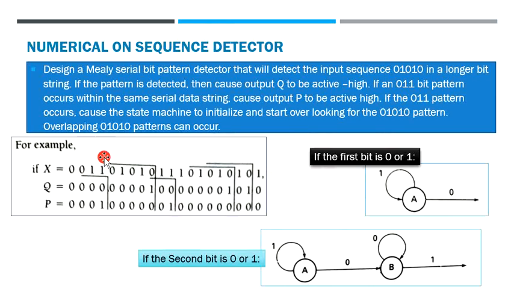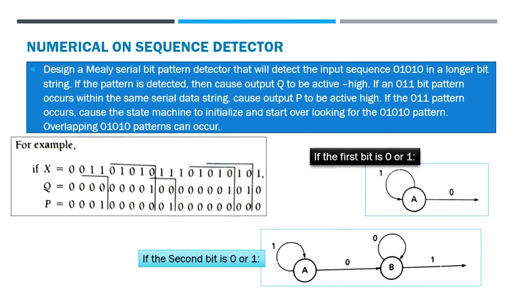If the 0 1 1 bit pattern occurs, it will cause the state machine to initialize and start over looking for the 0 1 0 1 0 pattern. Overlapping 0 1 0 1 0 patterns can also occur. So they have given the example and we need to draw the state machine.